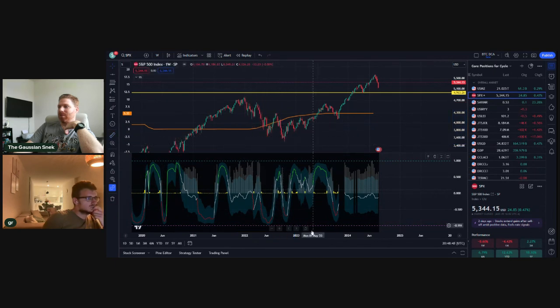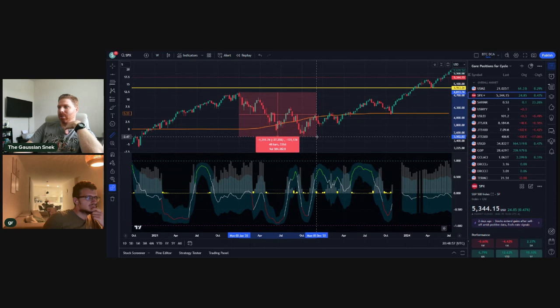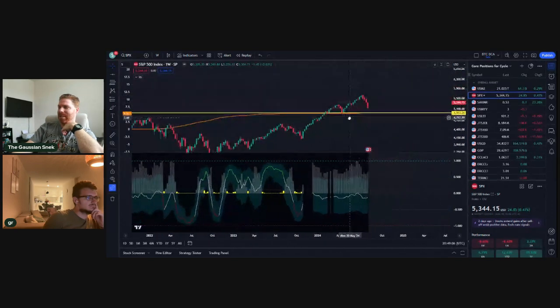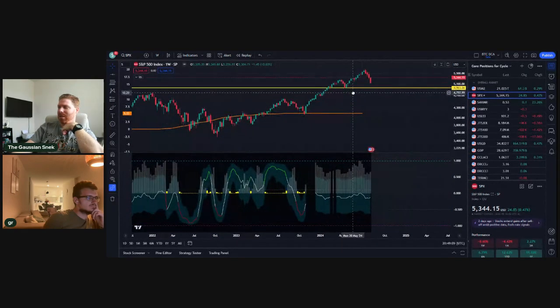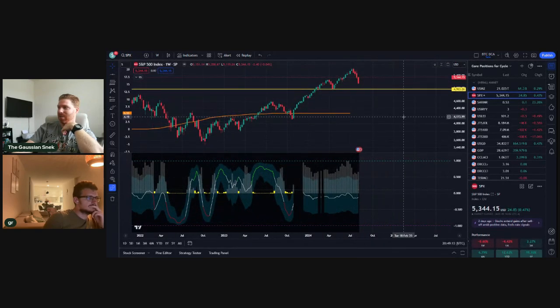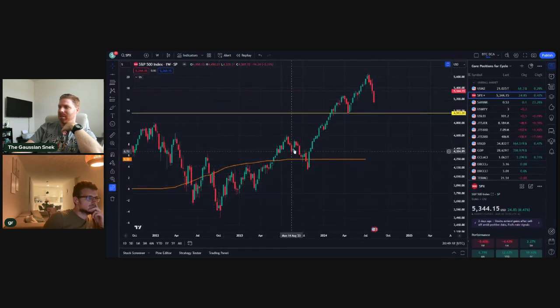Let me stretch this out. 27% drop. I mean, that's a decent drop, but then we just rallied like crazy. We rallied while rates were rising. So if history is any indication, it means the recession probably hasn't even started yet. I will acknowledge the possibility of it, but this doesn't look like something that would happen during a recession.